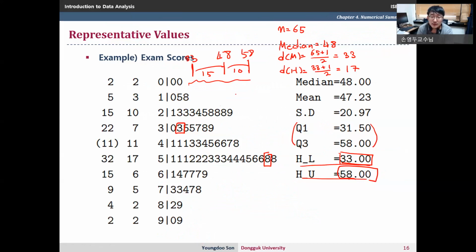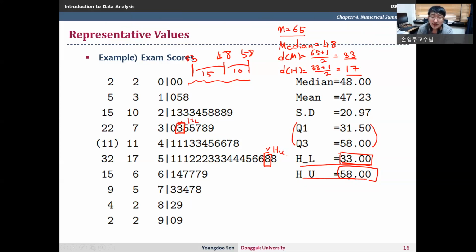So for this example, the n is 65, the depth of median is 33, so the depth of hinge is 17. So if we find the points whose depths are 17, we can find 2 points. The first one is 33 here, and this is the lower hinge, and 58 here is the upper hinge.